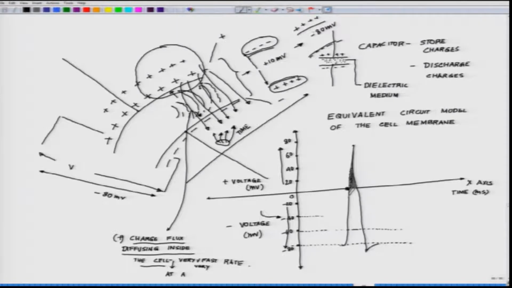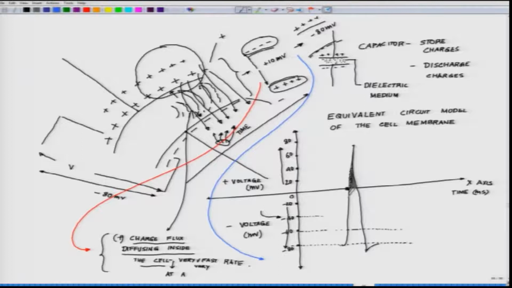So, it means that those huge number of positive charges which entered there, this was correlating with this diagram out here. And then in between, something happened, which I am showing in blue now out here. Okay.